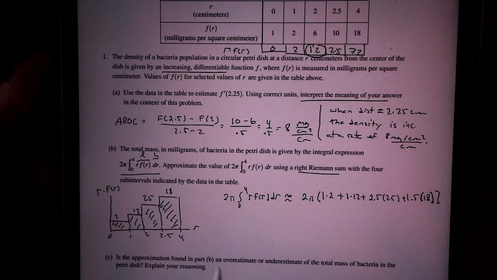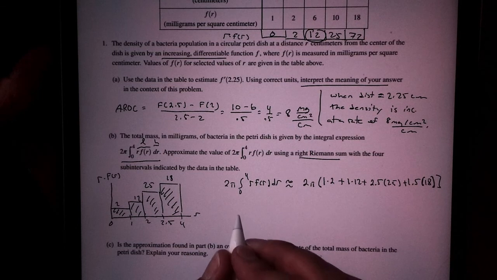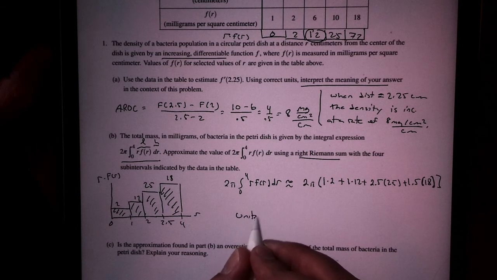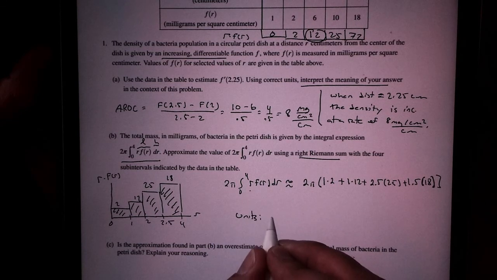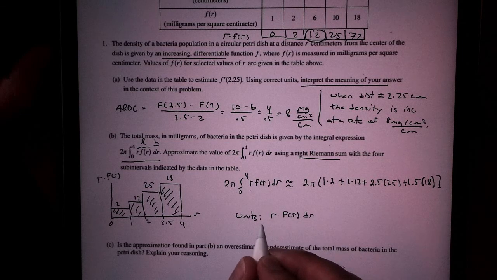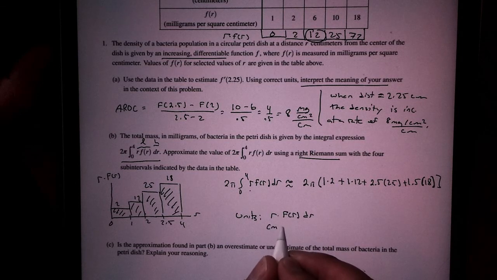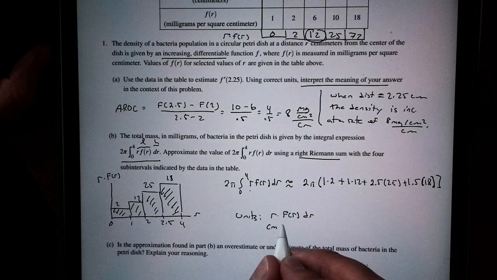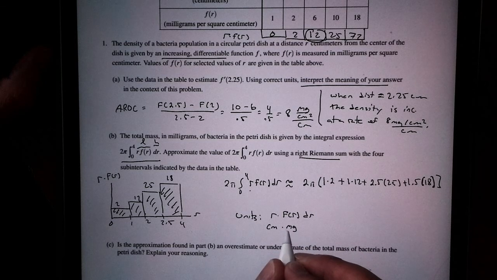And let's talk about the units here if you want to. Ready? R, f of r, dr. Well, r, of course, is measured in centimeters. f of r is milligrams per square centimeter.